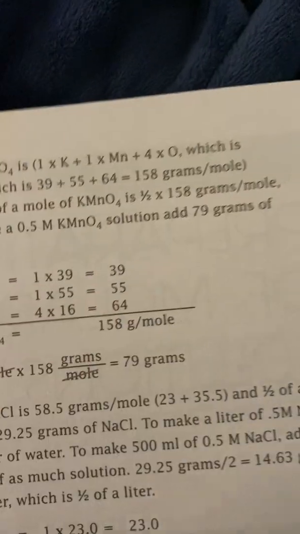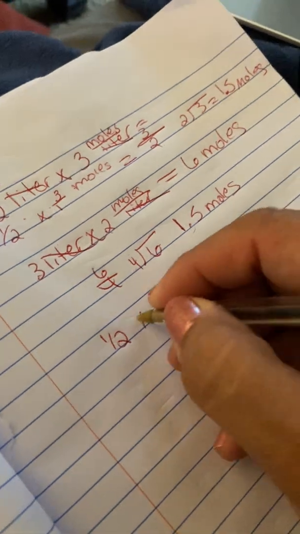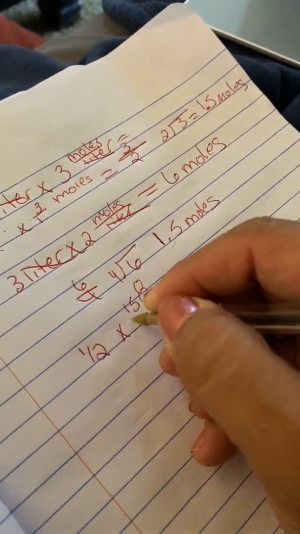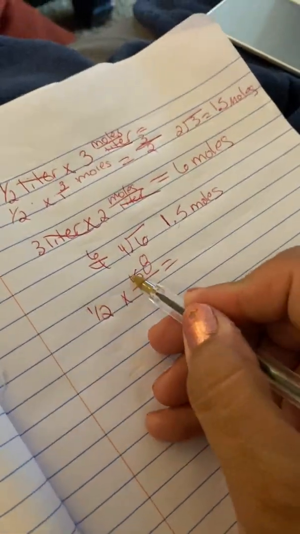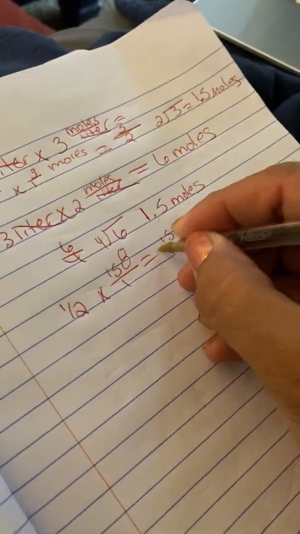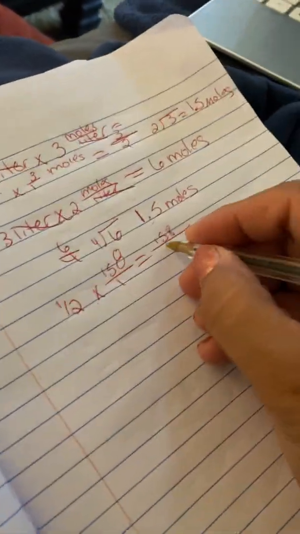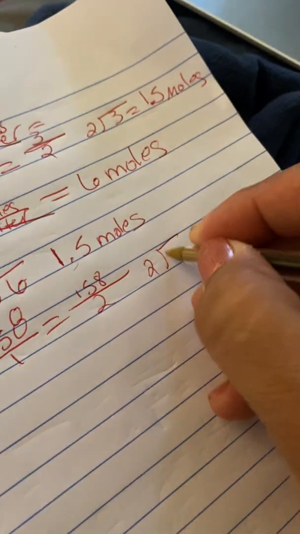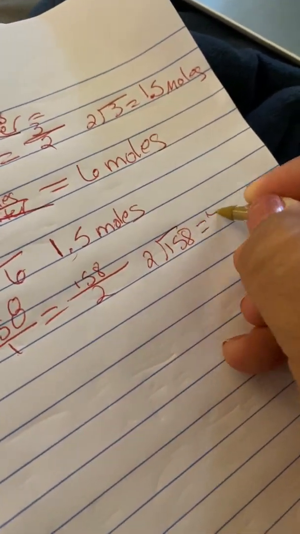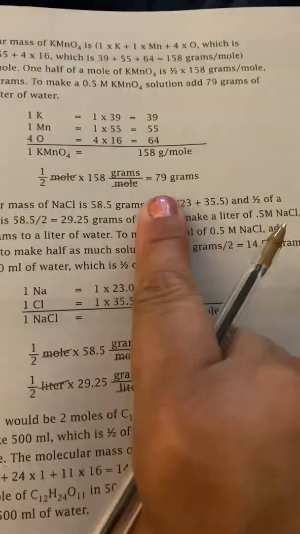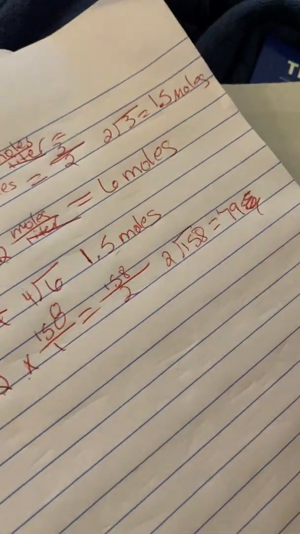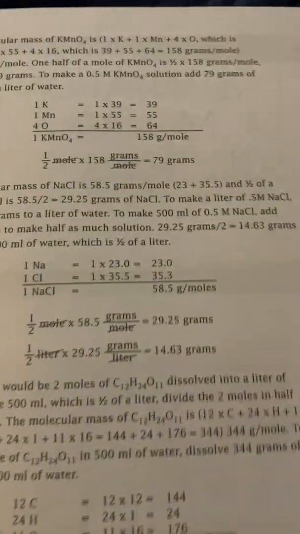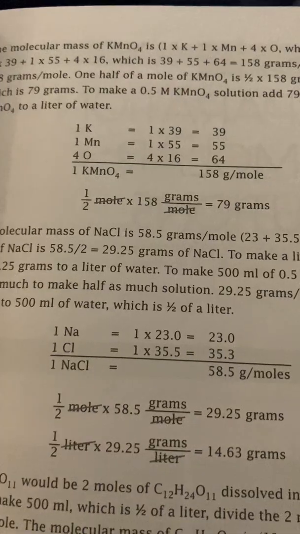So it's going to look like this. 1/2 times 158 over 1 equals 1 times 158. And 2 times 1 is 2. So this is your math problem, which equals 79.5, I believe. No, just straight up 79 grams. Okay, it's 79 grams.